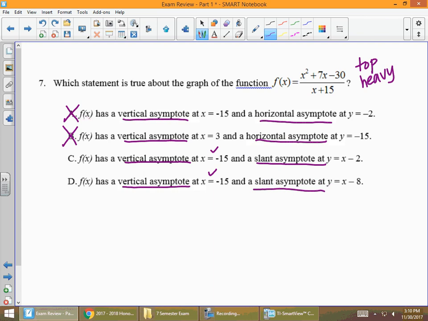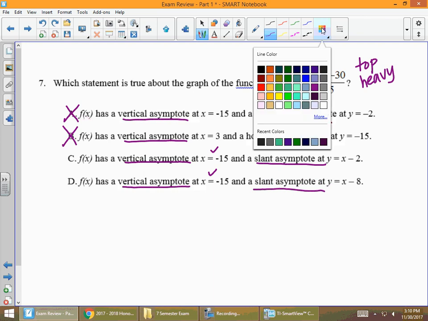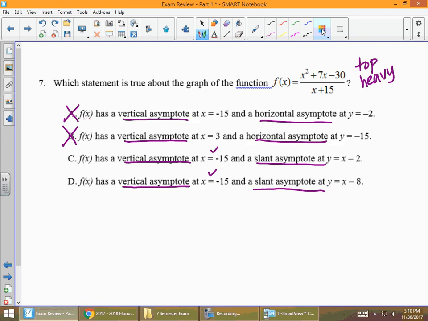So I'm dividing the top of my fraction by my vertical asymptote. My vertical asymptote is -15, and I'm going to use synthetic division. You're welcome to use long division, it just takes longer. Drop down your 1. -15 times 1 is -15.